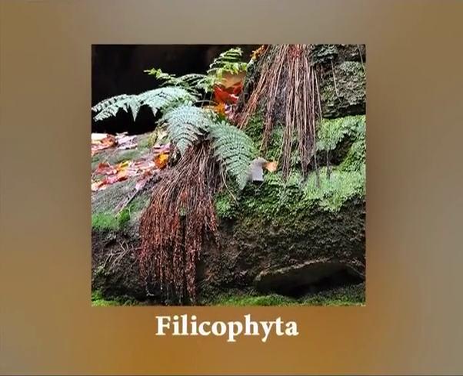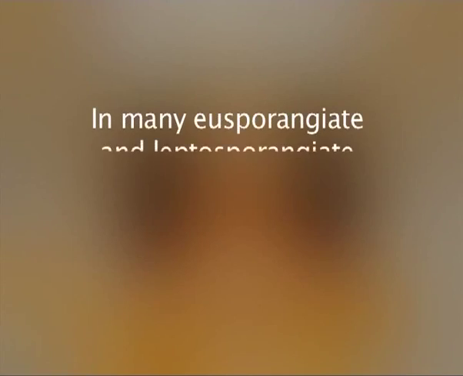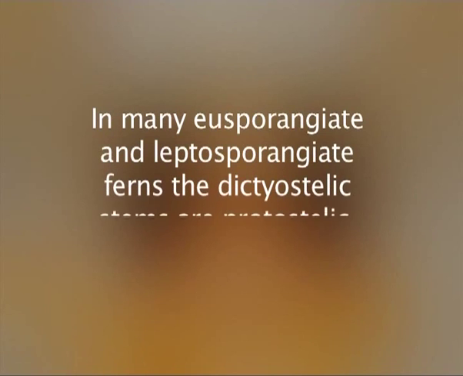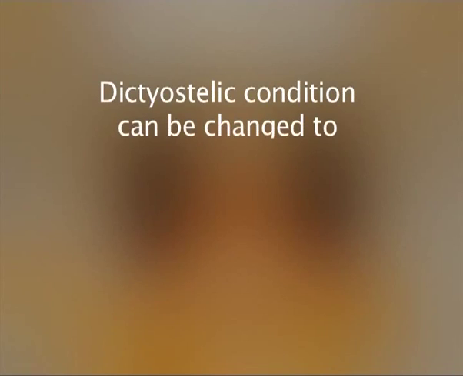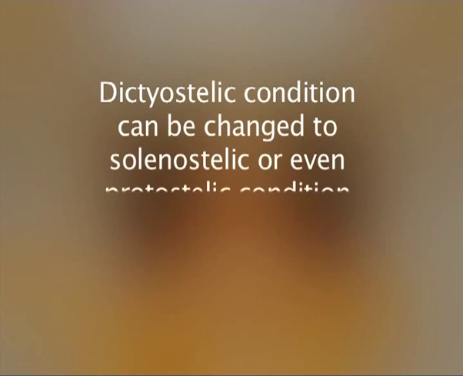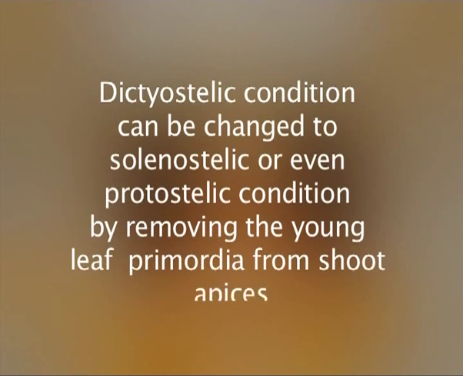Dictyostele is very common in Pteridophyta. In many eusporangiate and leptosporangiate ferns, the dictyostelic stems are protostelic at their bases. Recent experimental studies also reveal that the dictyostelic condition can be changed to solenostelic or even protostelic condition by removing the young leaf primordia from shoot apices.